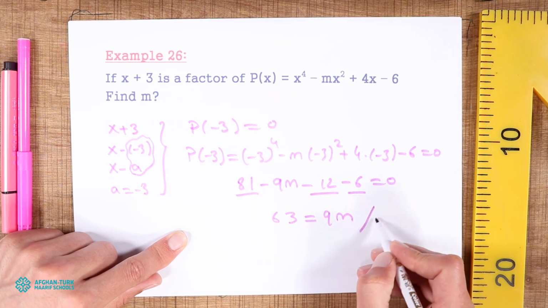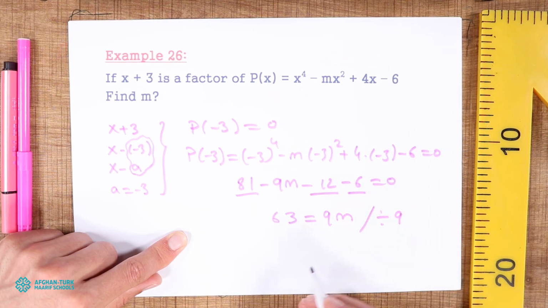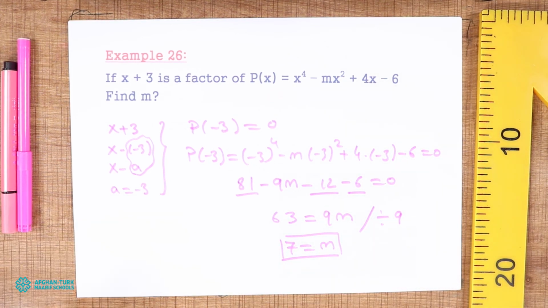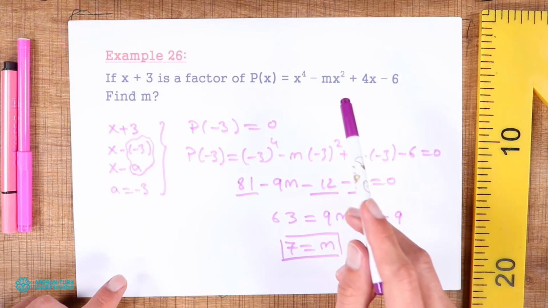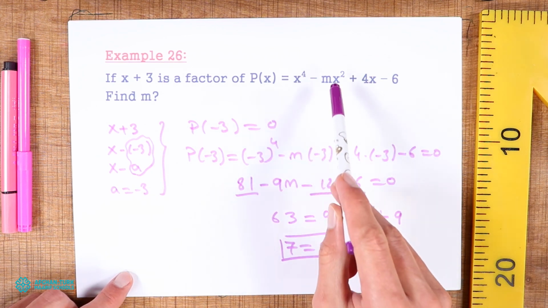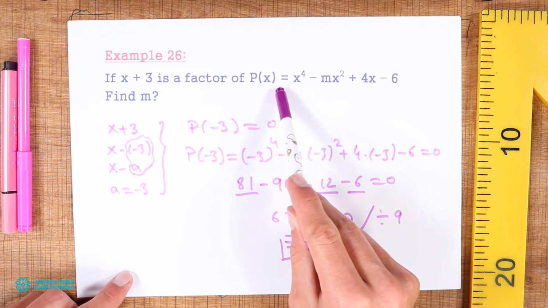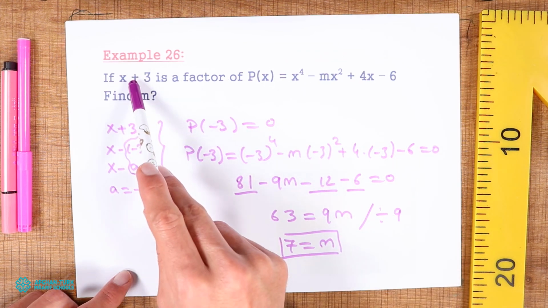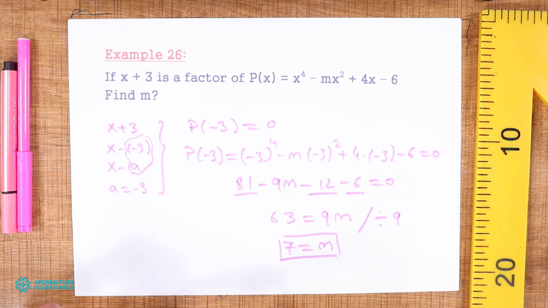Divide both sides by 9. The result will be 7 equals m. So in here, we said that x plus 3 is a factor of p of x. So for the value of m as 7, if we put 7 in here instead of m, it will be a factor of p of x.